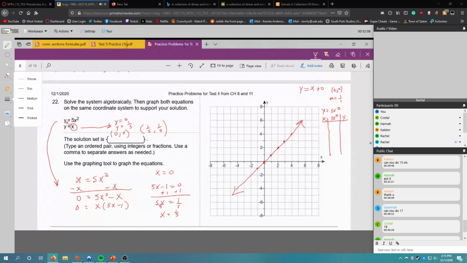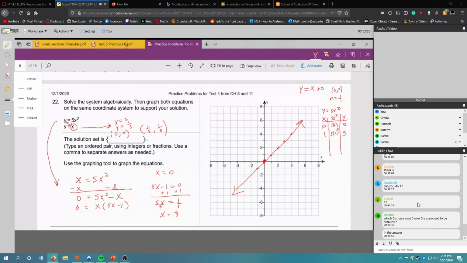So if I plug in 0, I get 0. So I do know that's one of my answers. Then if I plug in 1, I get 5. So 1/5, so that means negative 1/5 is also a solution. Have to have 1 on both sides.